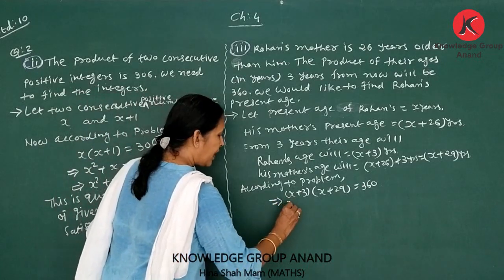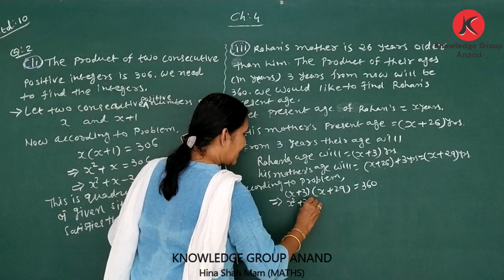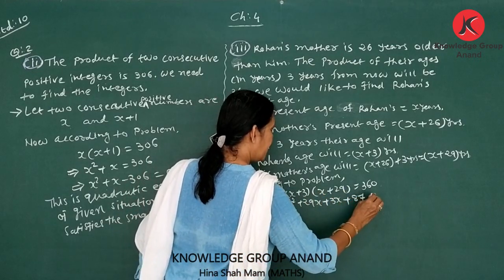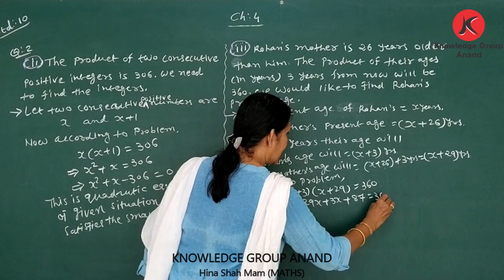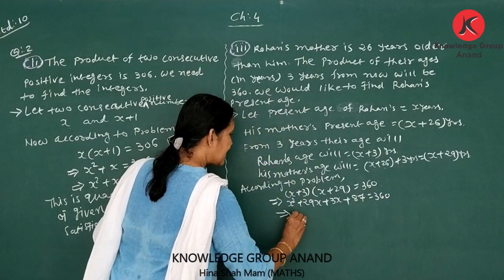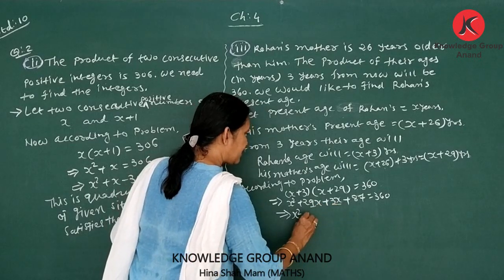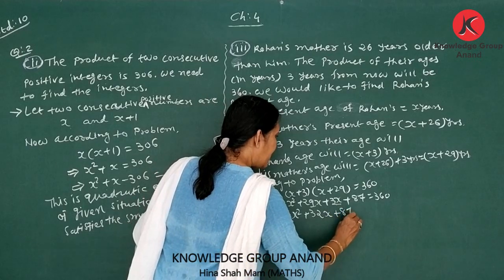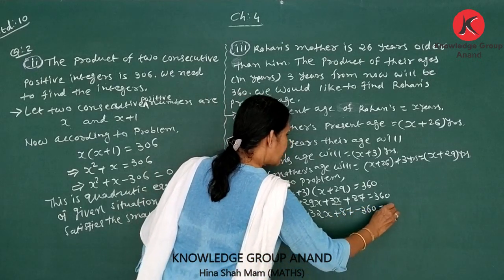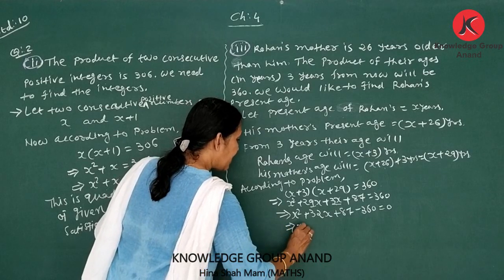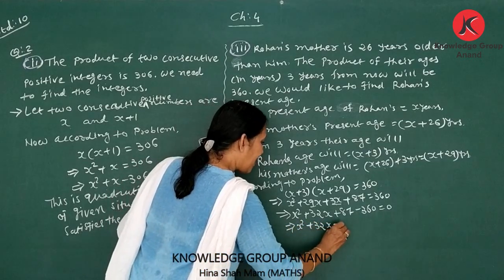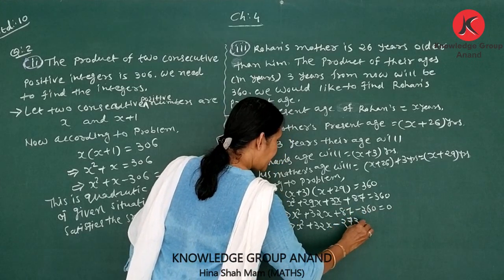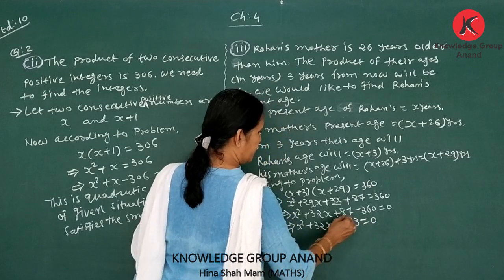Now simplify this equation. x square plus 29x plus 3x plus 87 is equal to 360. x square plus 29x plus 3x, 29 plus 3, 32x plus 87 minus 360 equals 0. x square plus 32x minus 273 is equal to 0.